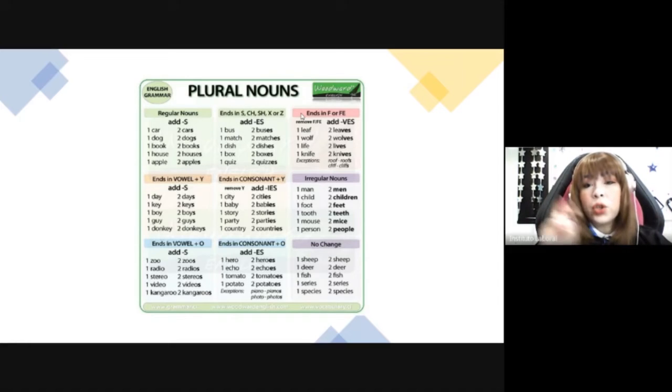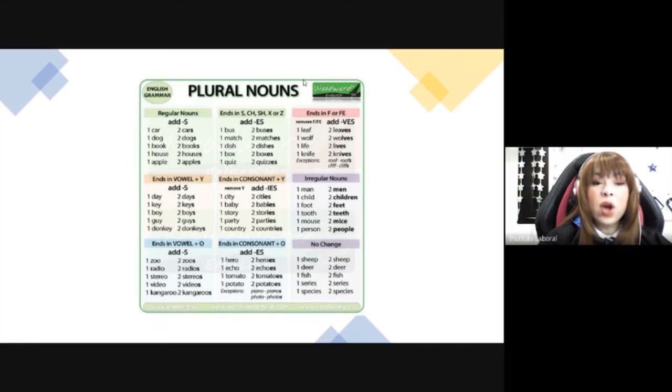One life, two lives. One knife, two knives. Okay? There are some exceptions, and the exception is the word roof. You say roofs. And cliff, cliffs. But most of the other regular nouns apply the same rule.